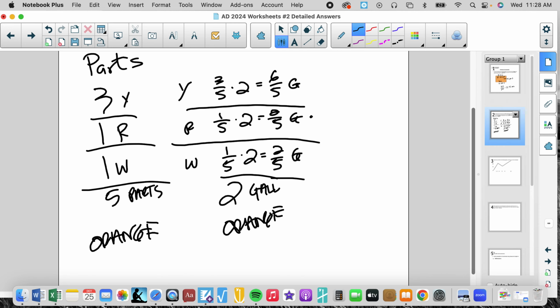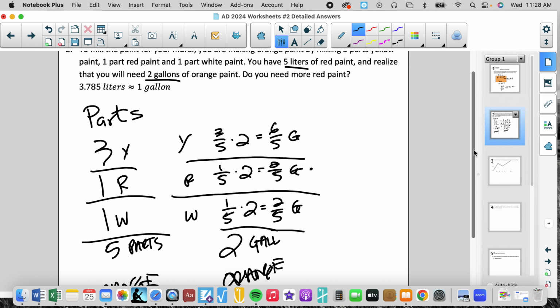So I'm going to convert that to liters. It told me that 1 gallon is 3.785 liters. So I'm going to do my conversion, and I'm going to have 1 gallon in the denominator in order to cancel my gallons in the numerator, and that's going to be 3.785 liters in the numerator. 2/5 is equal to 0.4.